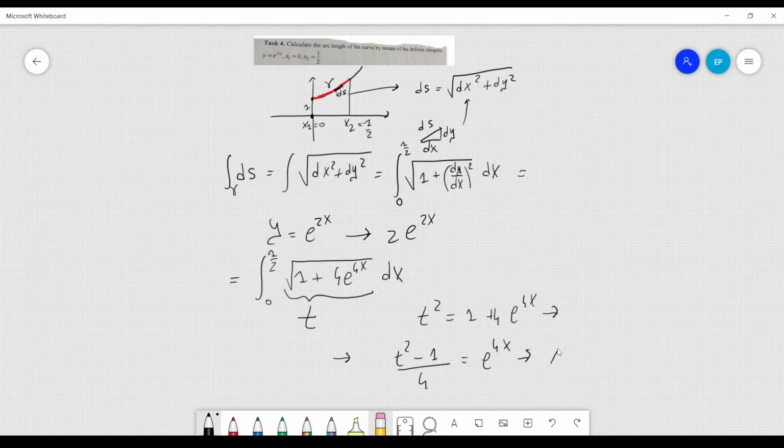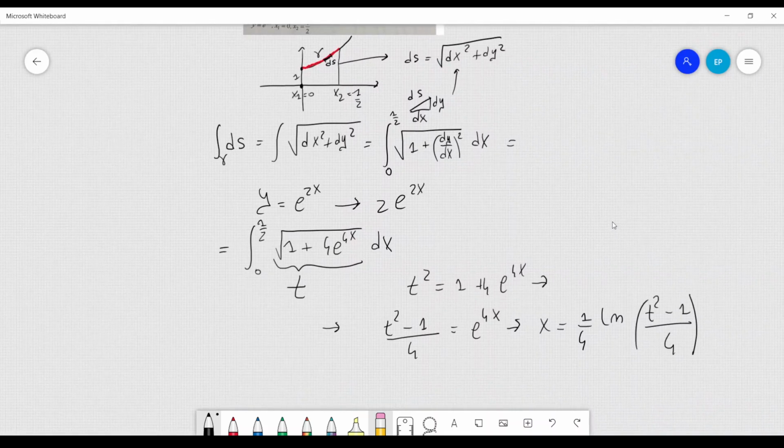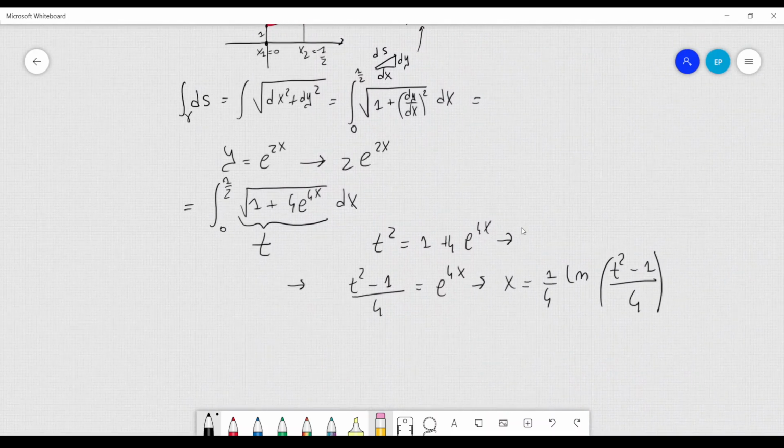And from here we get that x is equal to 1 over 4 natural logarithm of t squared minus 1 over 4, right? So when x is equal to 0, t will be equal to the square root of 1 plus 4, which is square root of 5, right?